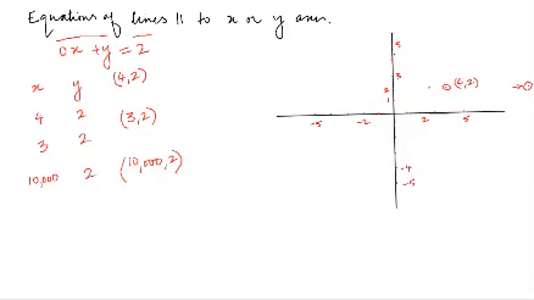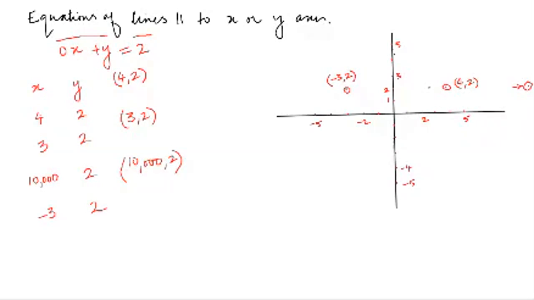All right. So can I take some negative values of x? It doesn't really matter. Even if I take minus 3 into 0, it is again 0. y should be 2. This also satisfies. Now minus 3 is here and 2 is again here. So this point is minus 3, 2. All right. So now I'm going to join all these points to see the line.